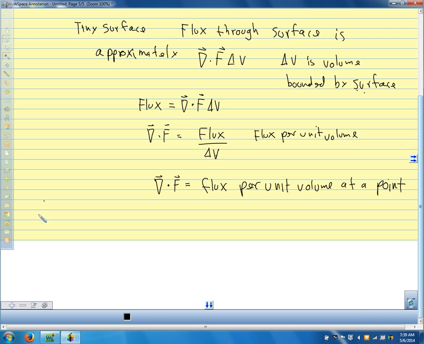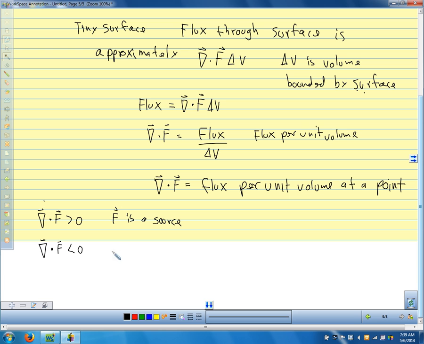If our divergence is greater than 0, we call F a source, because our field is flowing outward at that particular point.